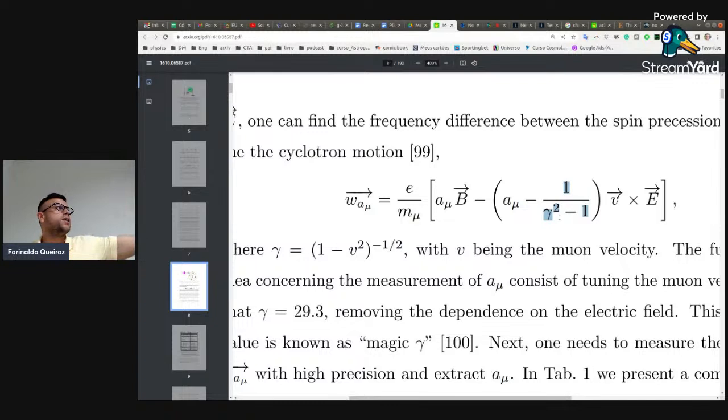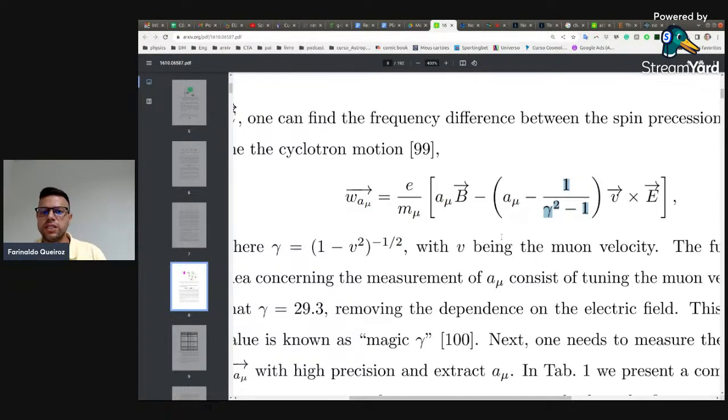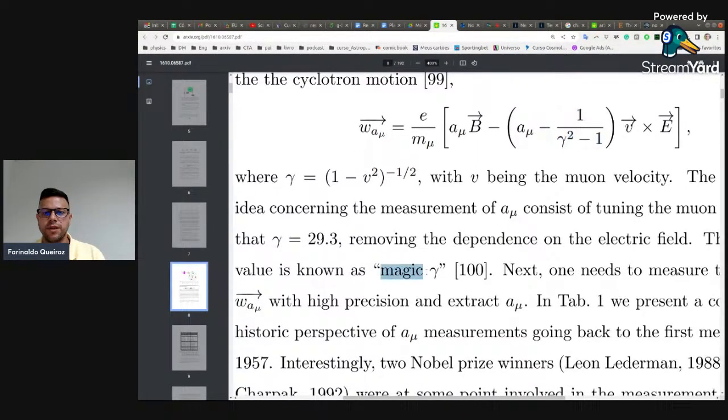So with all the apparatus, a proton hitting a target, the target producing pions, the pions decaying to produce muons, they target the setup in such a way that when the pion decays, it produces muons with a certain velocity. And they try to tune this velocity. They call this magic gamma. Here it is. And then they remove the dependence on the electric field.